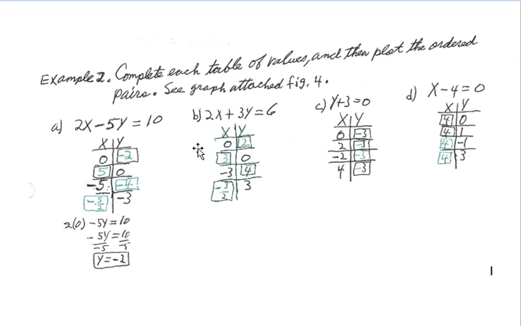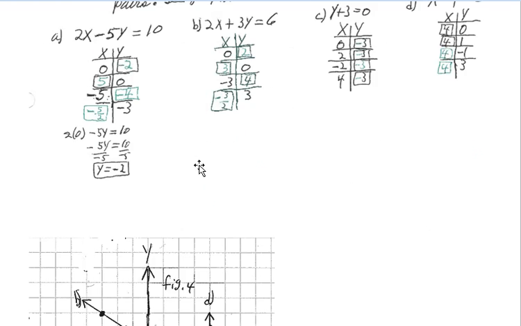If we let y equal 0, then we'll find that x is equal to 3. If we allow x to equal minus 3, we'll find that y is equal to plus 4. And finally, if we assign y a value of 3, then x will have a value of minus 3 over 2, which is minus 1.5.